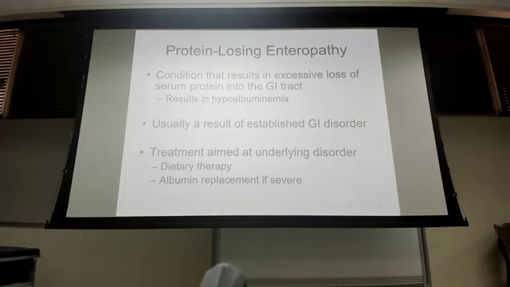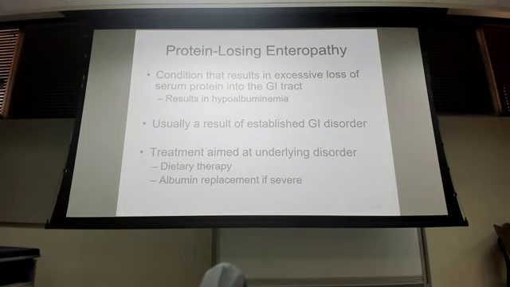Next miscellaneous small bowel discussion is on protein losing enteropathy. So basically, exactly like the name, excessive loss of serum protein into the GI tract. So the protein is supposed to be circulating around in your body, and now we're pooping it out. So we don't have enough protein in our blood. What's that going to cause?